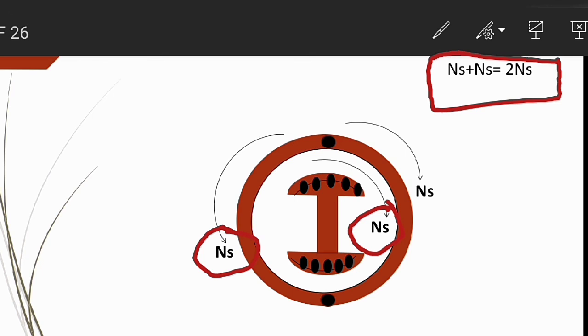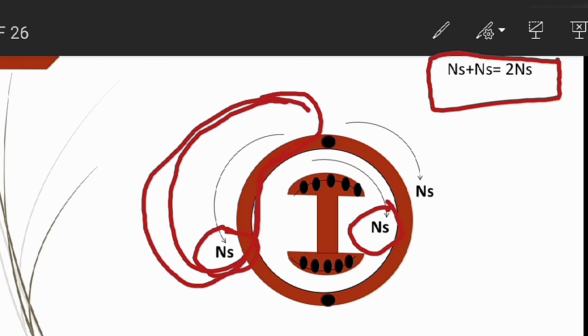Because this relative speed is so high, we get a large value of EMF, and that large EMF strongly opposes the flow of the negative phase sequence, because by Lenz's law the effect opposes its own cause. The cause is the relative speed Ns plus Ns equals 2Ns, that is, the negative phase sequence field MMF.